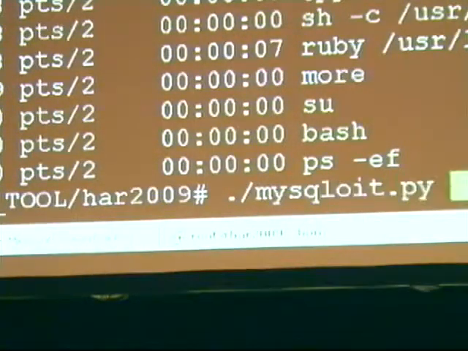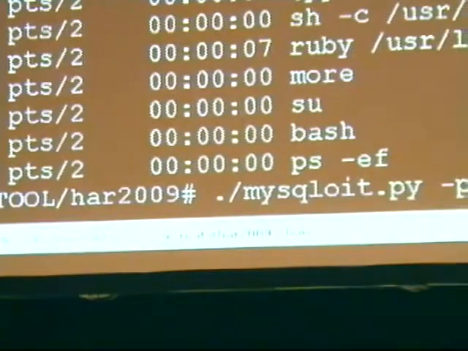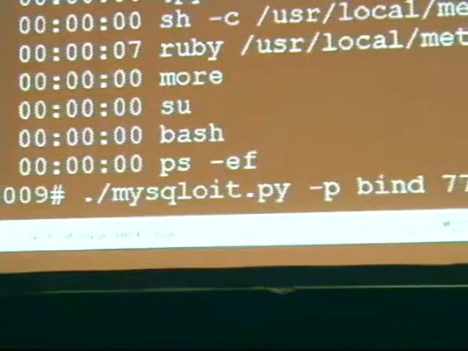So, MySQL Exploitation, pillar bind, 227.